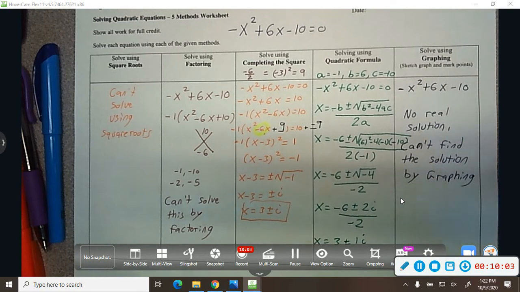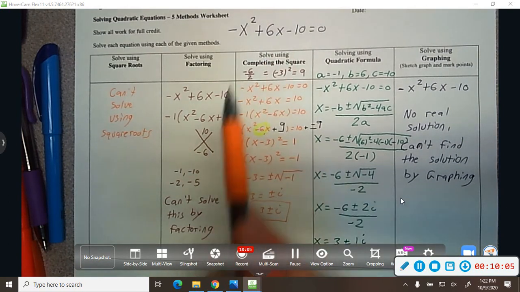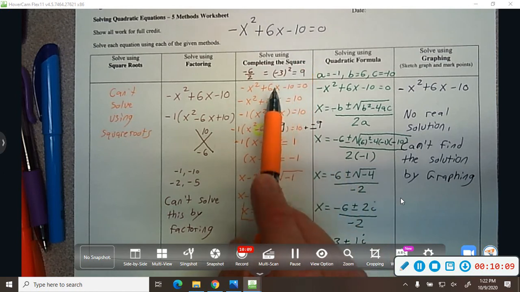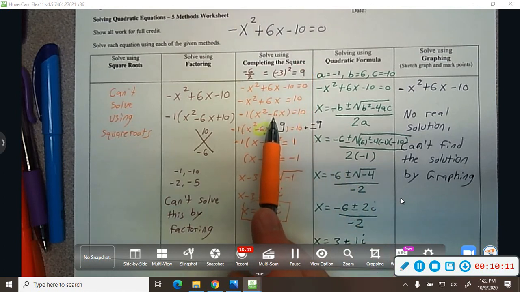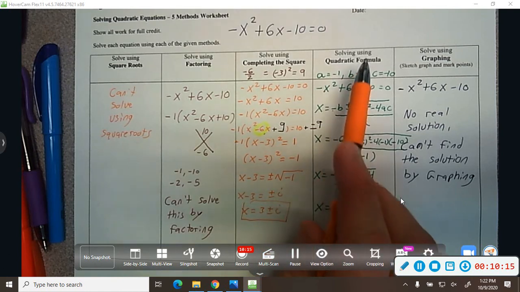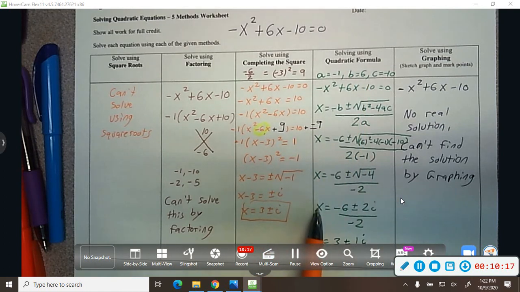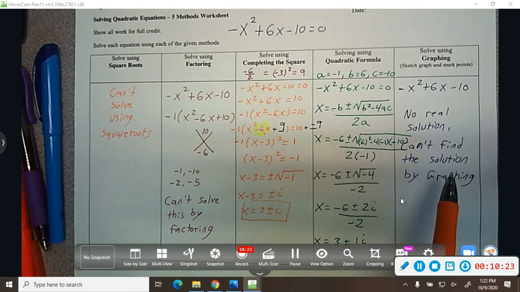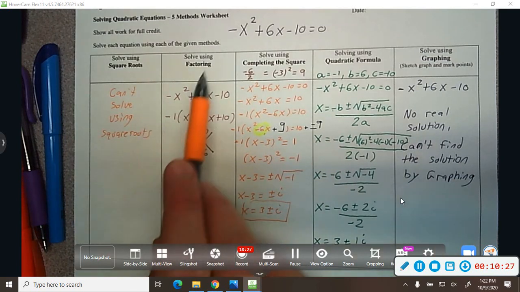There we go. We took the problem. We tried solving by factoring. It didn't factor. We completed the square, which is probably something new you've never seen before, and I got 3 plus or minus i. I used the quadratic formula and also got 3 plus or minus i. It didn't cross the real number system, so I put no real solution, can't solve by graphing, and we couldn't use square roots because it had an x term.